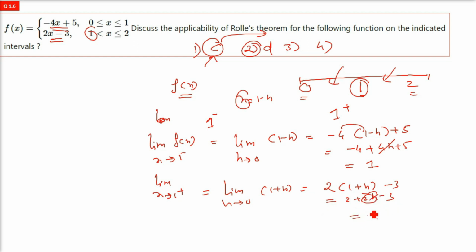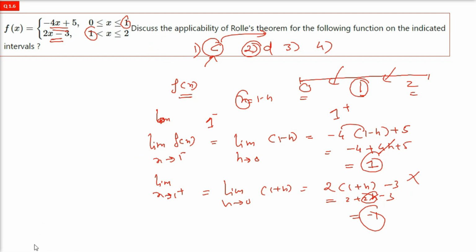So what do you think? Left hand limit, right hand limit, they are not the same. So that means this function is not even continuous. When the function is not even continuous, can you think about Rolle's theorem? The first condition for Rolle's theorem is that the function has to be continuous. It is not continuous.